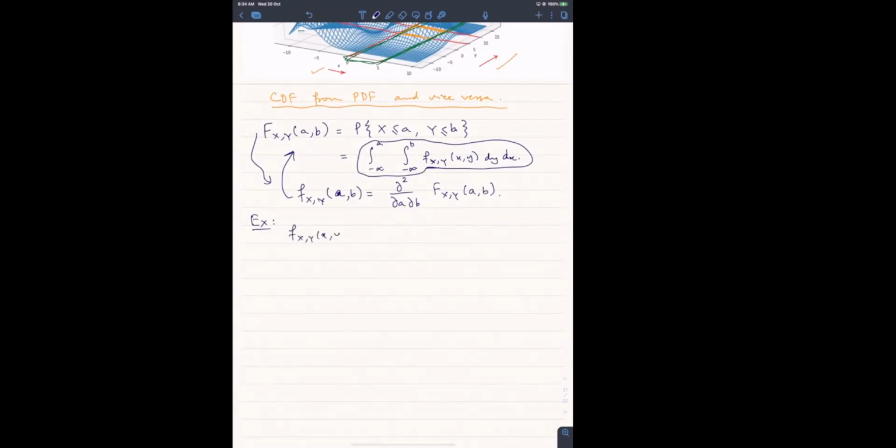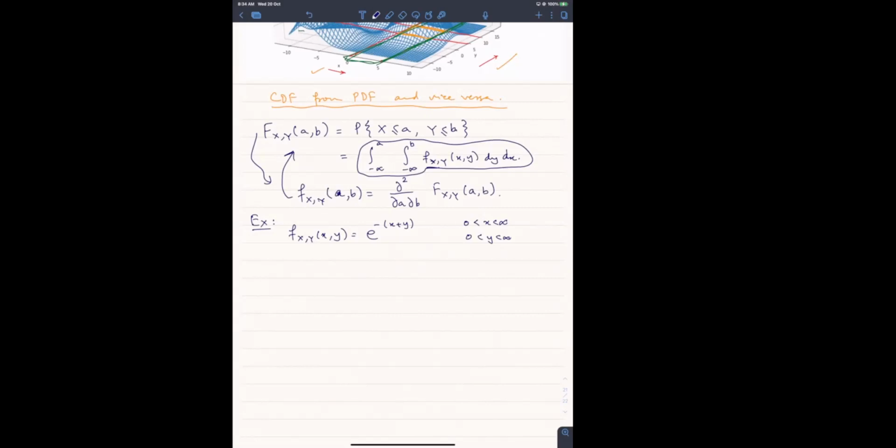This joint PDF is given to us as fxy(x,y) equals e to the minus (x plus y). Again, x going from 0 to infinity and y going from 0 to infinity. And you can again realize that this is e to the minus x multiplied by e to the minus y. Both are exponential random variables, each with parameter lambda equal to 1.